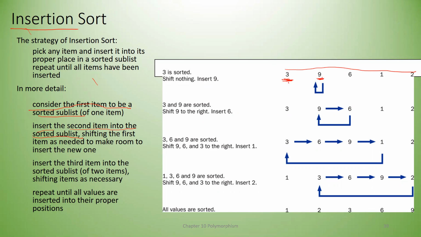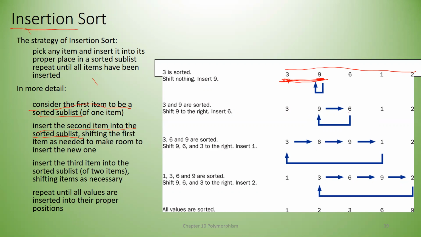Is it less? If it's less, we need to insert it there. If it's greater, it stays here, right? So 9 is greater than 3, so it stays itself. It stays there. It doesn't do anything. And now these 2 elements are sorted, right?